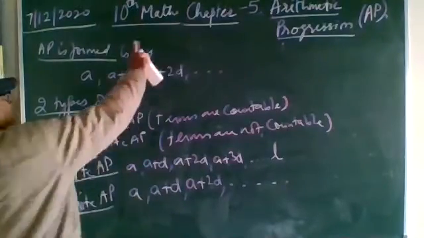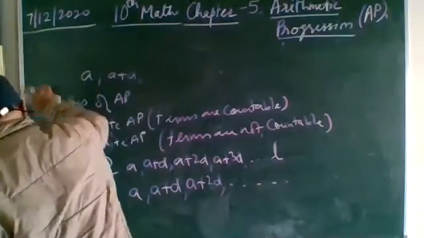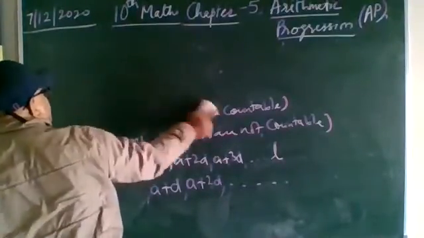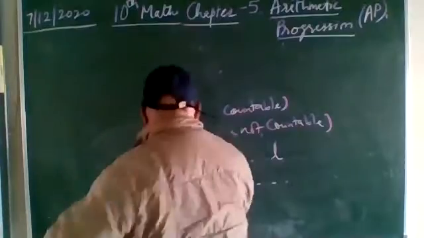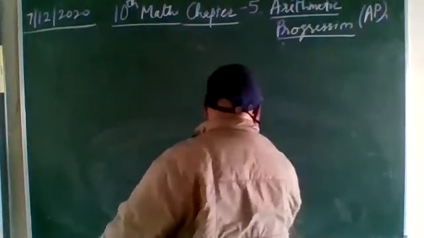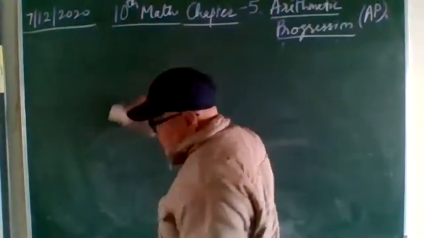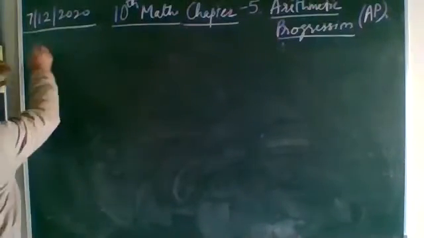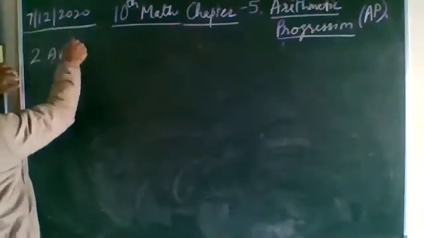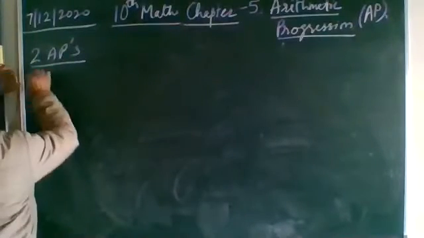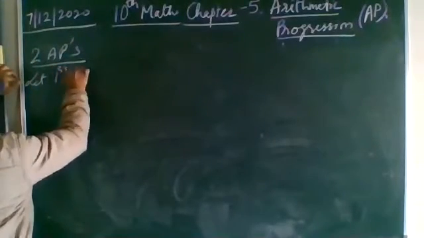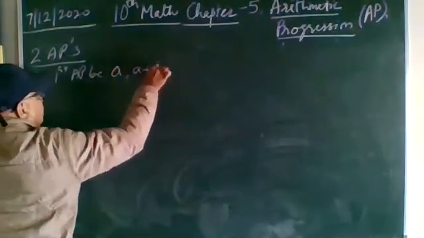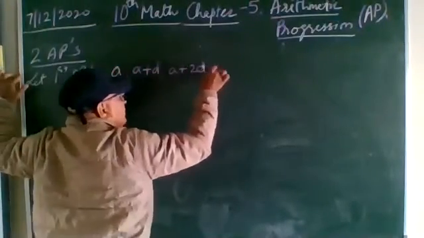Now when we talk about finite AP and infinite AP, if a question involves two APs, then the representation of both APs will be in a different way. Two APs, then what will you write? Let the first AP be a, a plus d, a plus 2d.